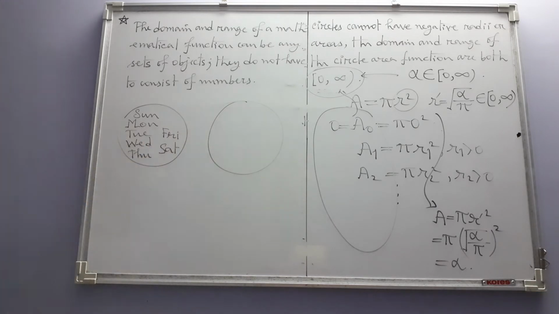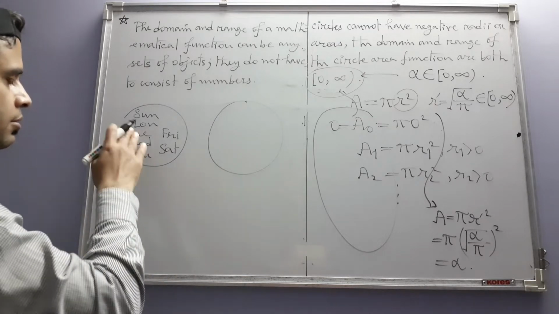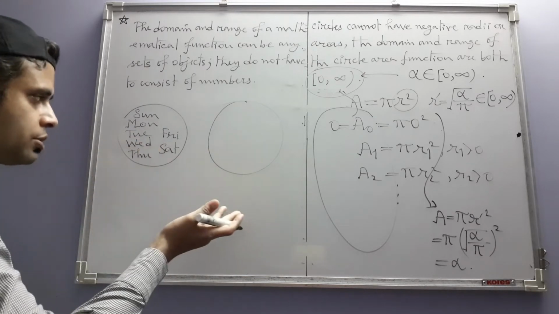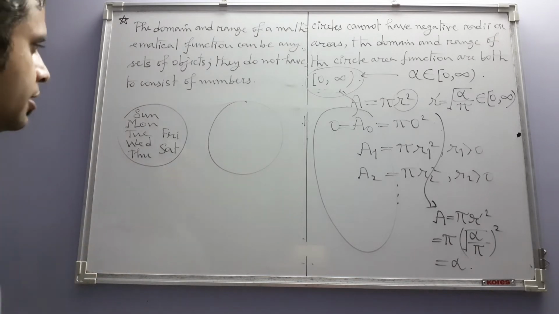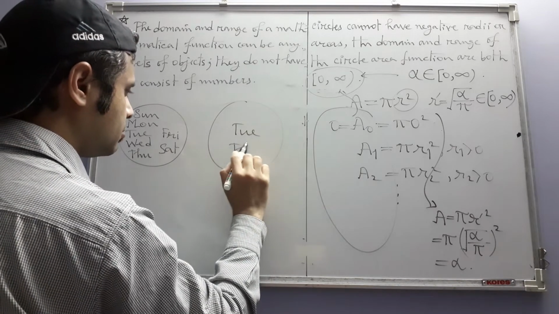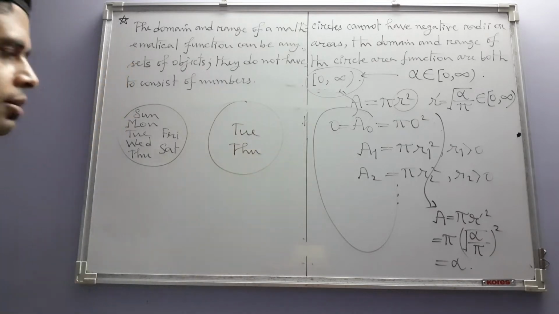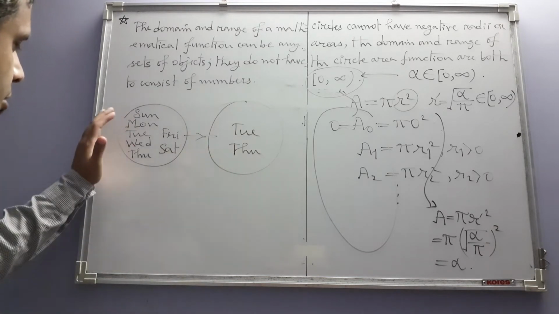This is the domain, and it gives us those days whose names start with the letter T. So the range is Tuesday and Thursday. This is also a function.